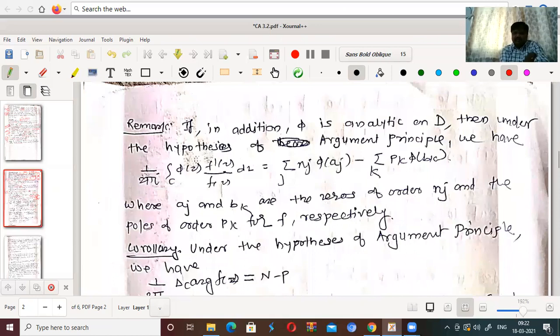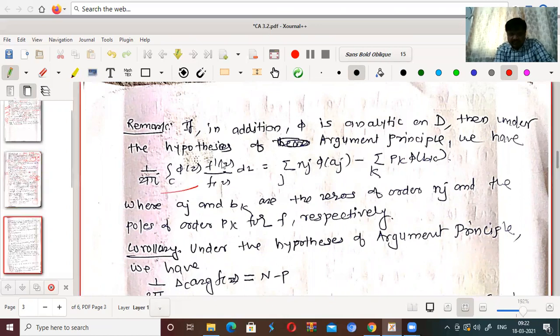We'll see one remark. If in addition phi is analytic on D, then under the hypothesis of the argument principle, we have 1 by 2 pi i integral over C of phi z f dash z upon f z dz equal to, just you are multiplying by phi of z, if it is analytic in D. As it is analytic in D, there will be no effect on this.